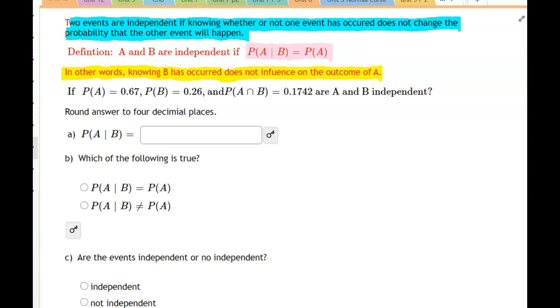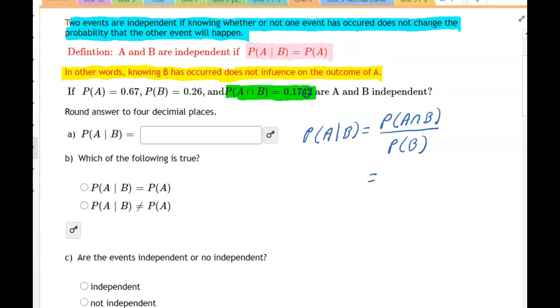For part A of the problem, we want to calculate the probability of A given B. From our definition of conditional probability, that's the probability of A and B over the probability of B. Using the paragraph, we can see that the probability of A and B is 0.1742.